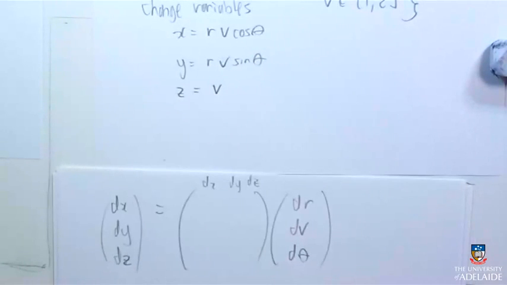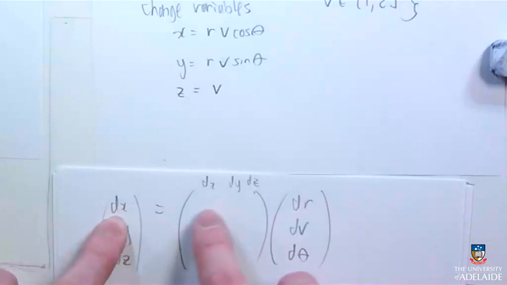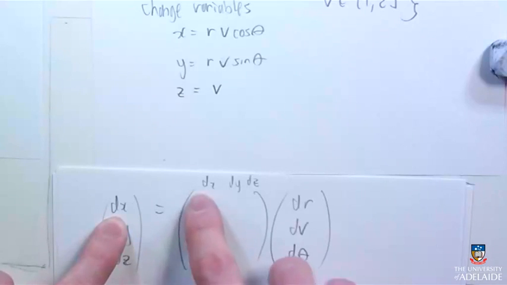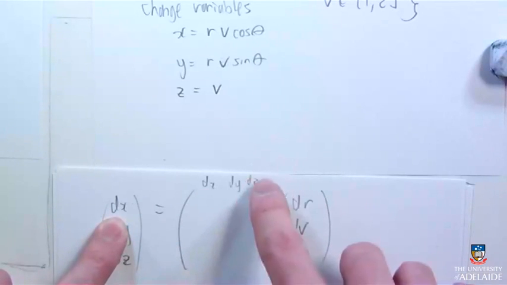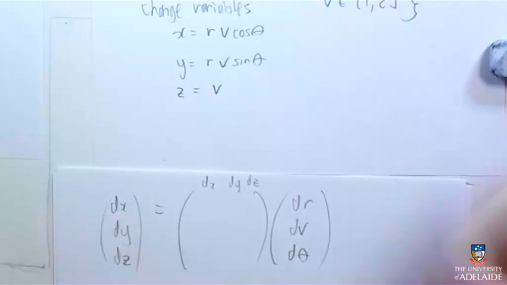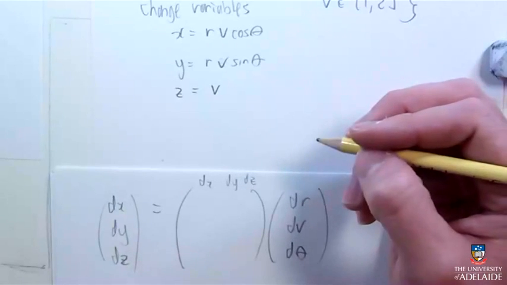So the change in x will be related to changes in r, v, and theta. So dx is going to be the partial dx on dr times dr, the partial dx on dv times dv, and the partial dx on d theta times d theta. So these ones are going to go here.